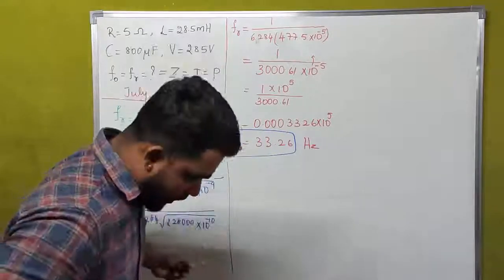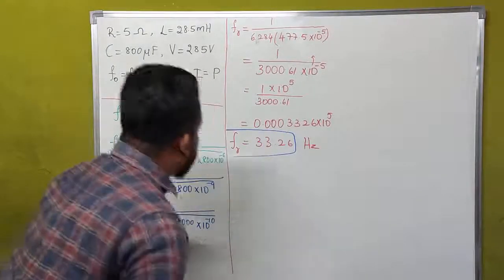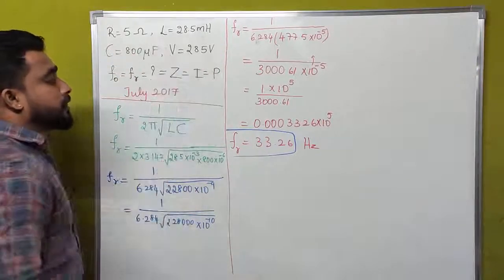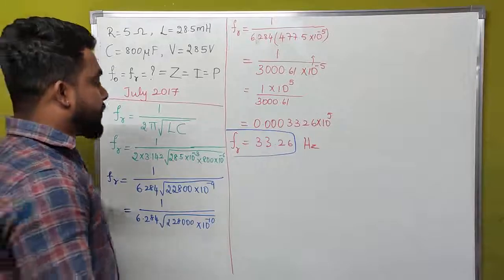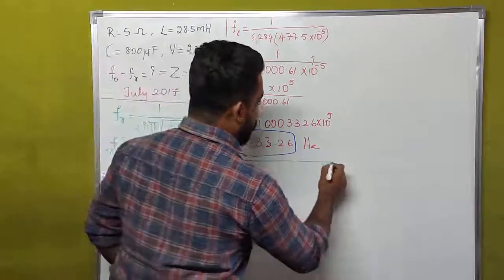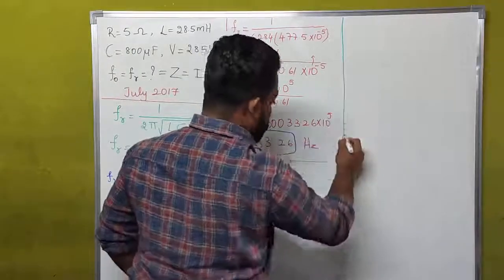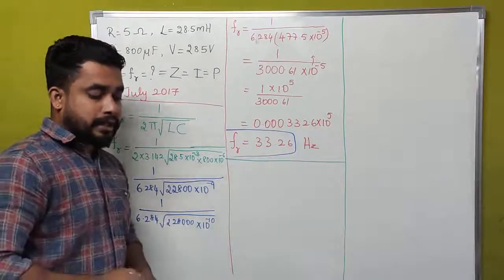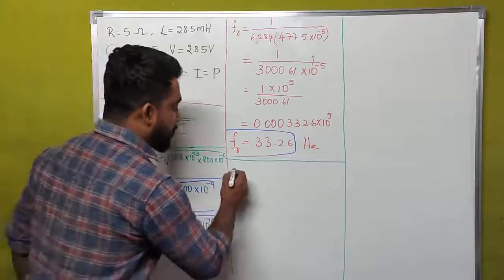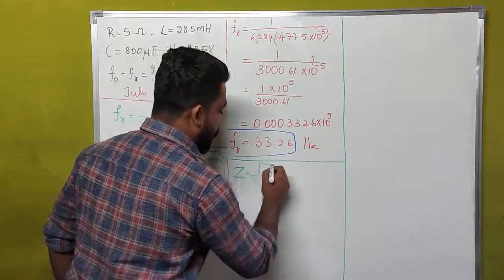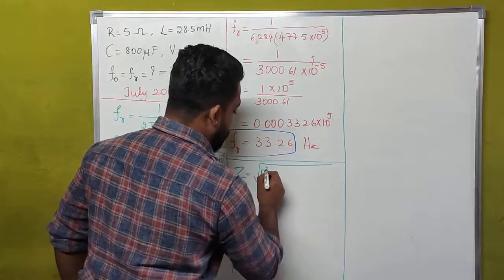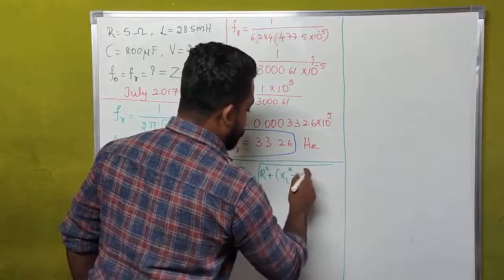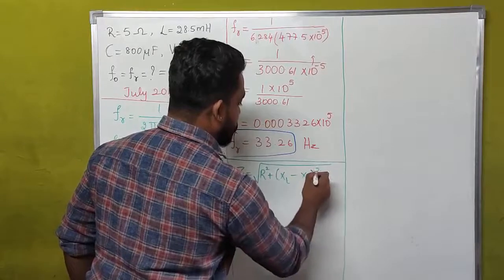Now again, what we have to find out is impedance, current and power dissipated. To find out all these things, we should first find the value of impedance. What is the expression for impedance? Z is equal to square root of R square plus (XL minus XC) whole square.